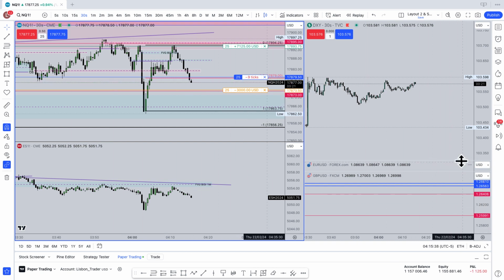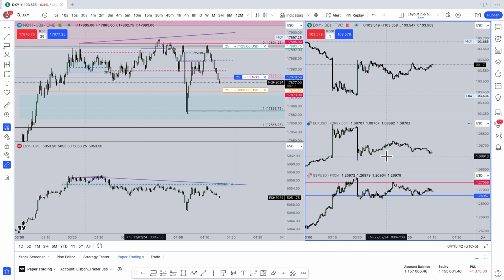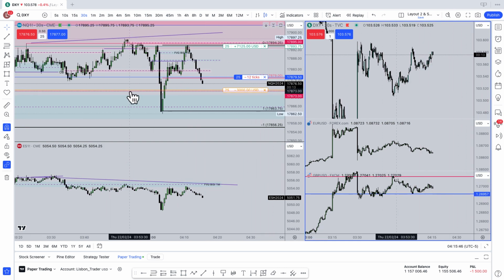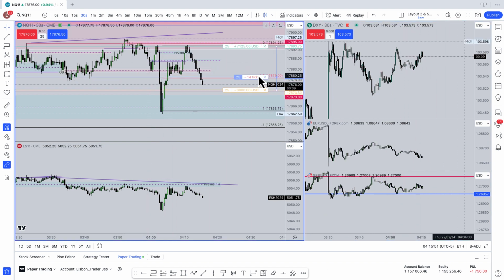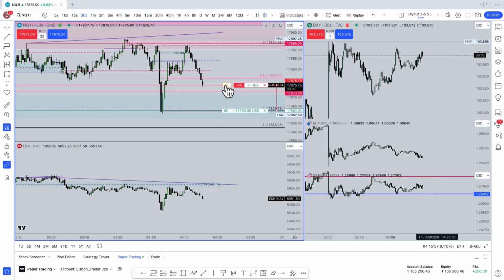DXY. Euro is moving lower, DXY is pushing higher. So another breaker there. Came through the level.